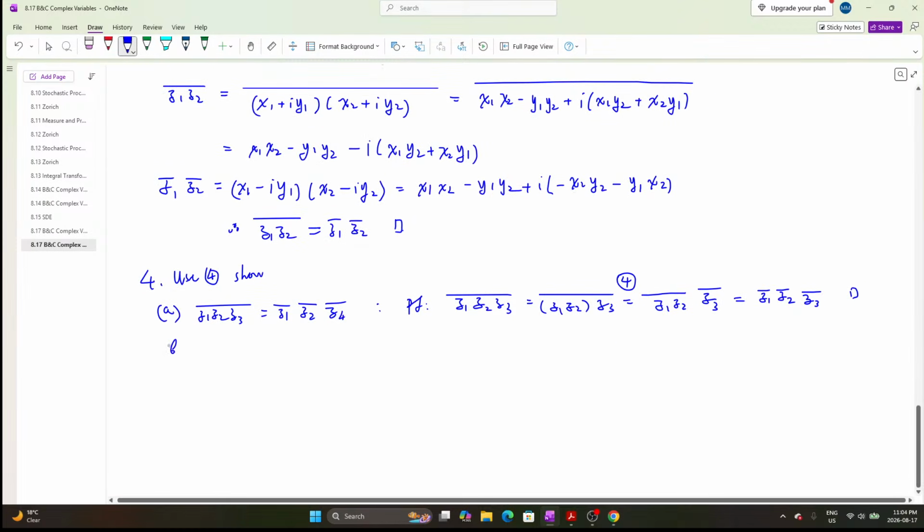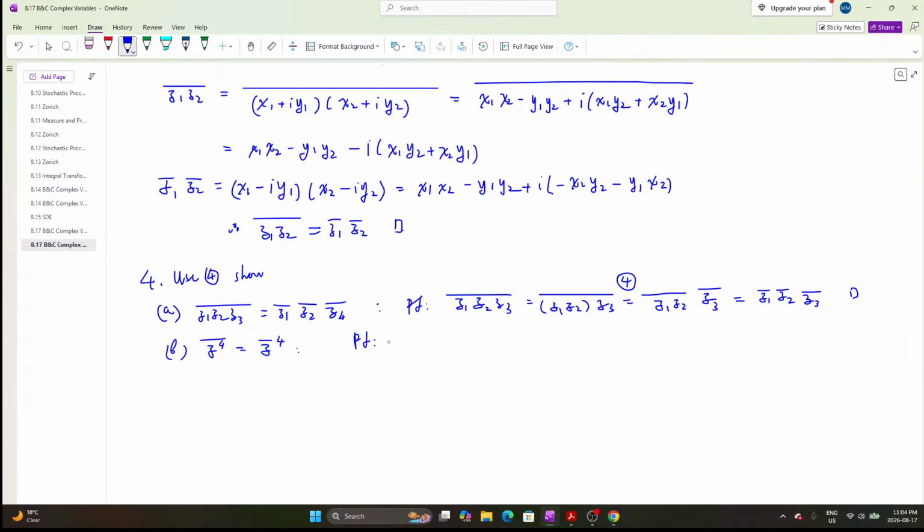Part B is also straightforward. The conjugate of z to the 4th is z bar to the 4th. Now the proof. First of all, let's write z to the 4th as z cubed times z, together taking the conjugate.